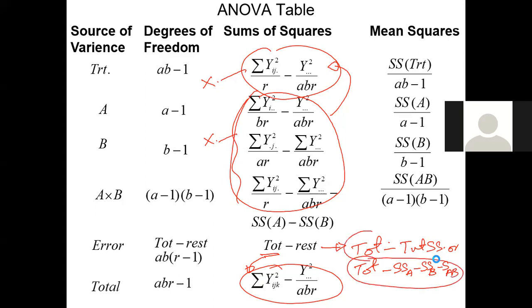This is the same, so you cannot use both. You'll have to use only one, this or that. Because as you all know, the sum square of A, B, and AB altogether is the same as the treatment sum square, so we cannot deduct the treatment sum square twice.